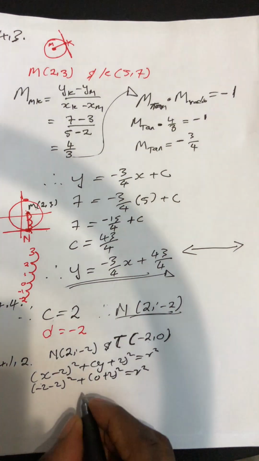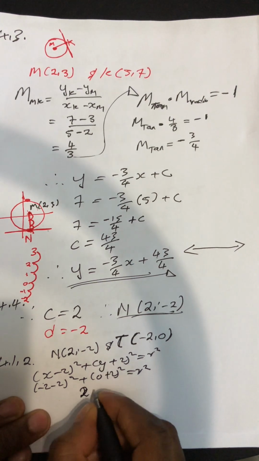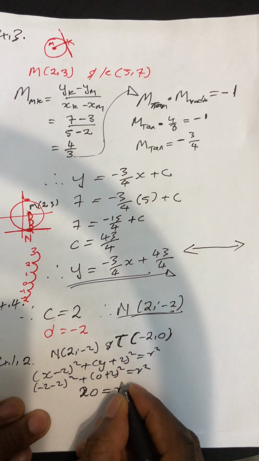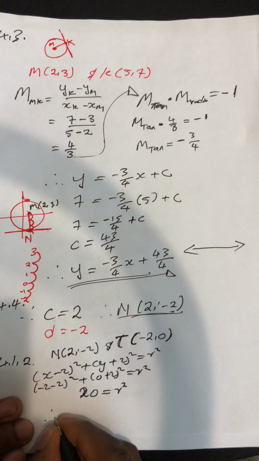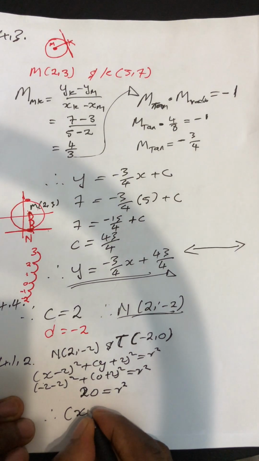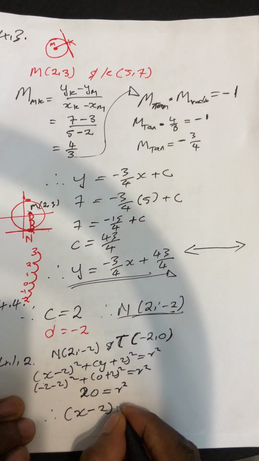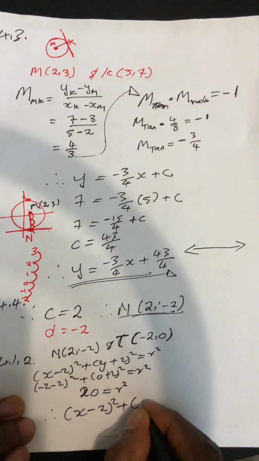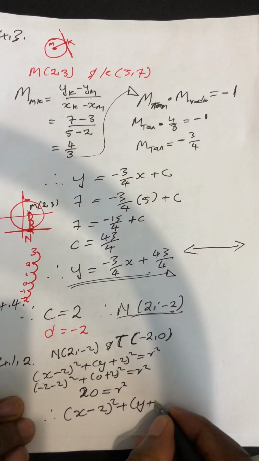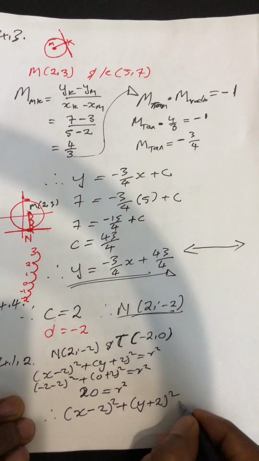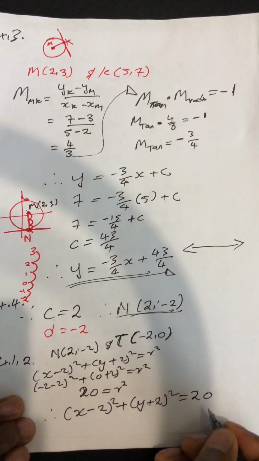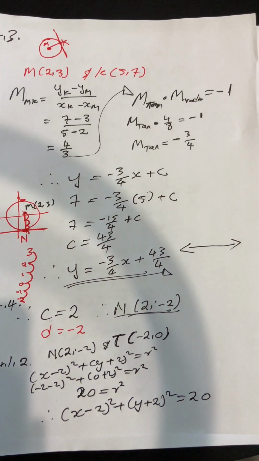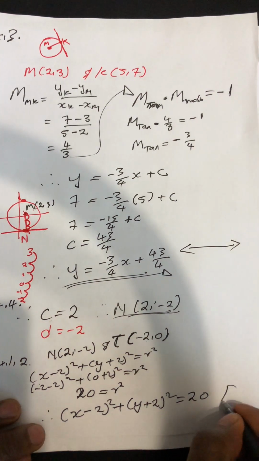So we know that 20 is going to be our r squared. So the equation of the circle is going to be (x minus 2) squared plus (y plus 2) squared is equal to 20. This is the end of our answering. It's 20 marks.